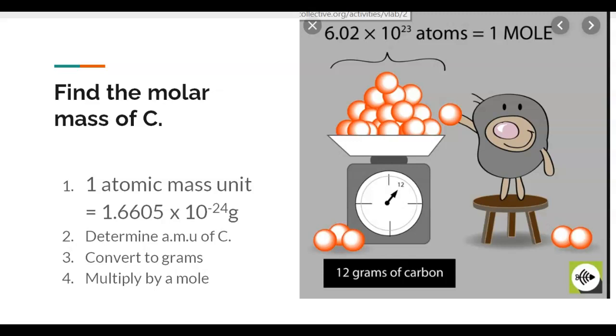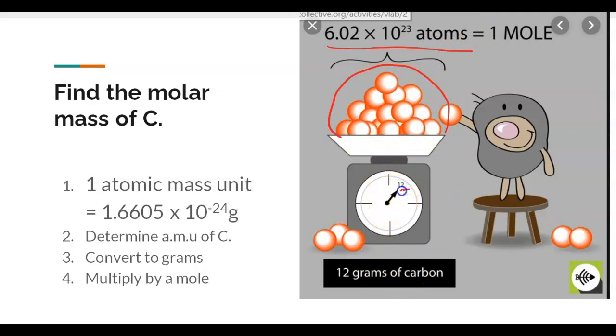We call the mass of an entire mole of something, and remember a whole mole is 6.02 times 10 to the 23rd atoms, we call that a molar mass. In other words, if I pile a whole mole of carbon onto my scale, so here I have 6.02 times 10 to the 23rd atoms of carbon, how much is that going to weigh?